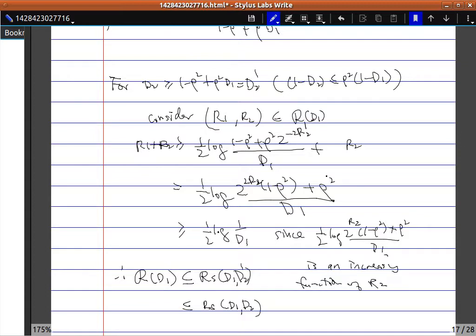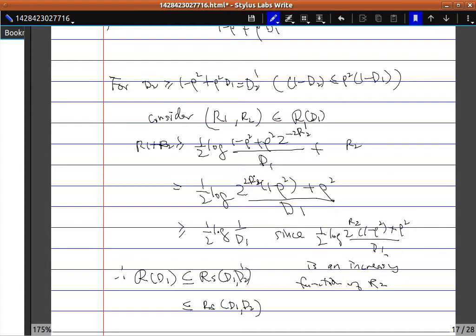So what needs to be realized is that if we consider R2 equal to 0, then this will be gone. Then I will just have 1 minus rho square plus rho square, and rho square gets cancelled. So I will just have 1/2 log 1 over d1. And also we can see that this function is actually an increasing function, right?